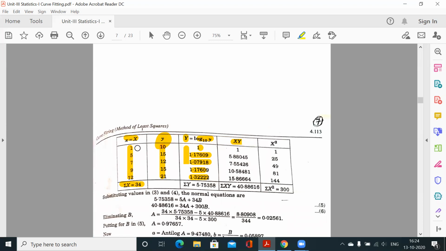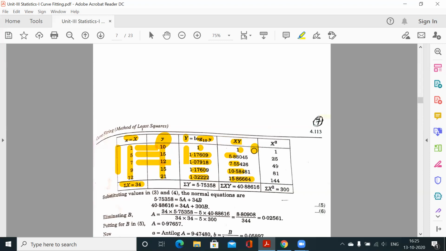So we have to multiply. In the previous question we multiplied these corresponding values, but here the straight line is in the capital Y variable. Capital Y is dependent, so this is the independent variable. So 1 into 1, 1. 5 into 1.17, 7 into 1.07, 9 into 1.17, sorry, and 12 into 1.32.